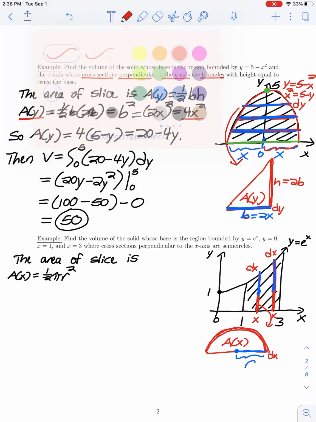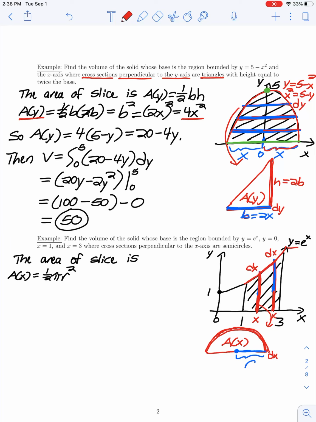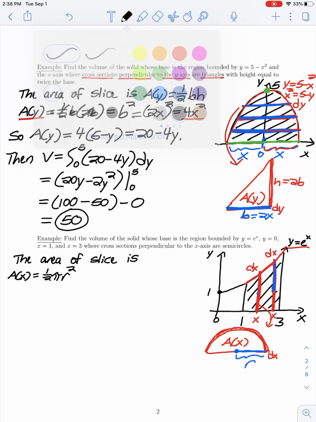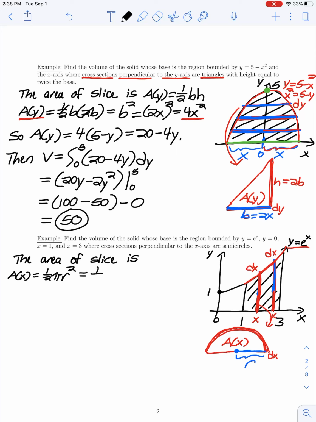Now, the height of this slice taken at any point x is the distance from the x-axis up to our curve, which is defined as y equals e to the x. So the radius is then half of that value. So we would have, for our radius, 1/2 of e to the x, and then we're taking that radius squared.